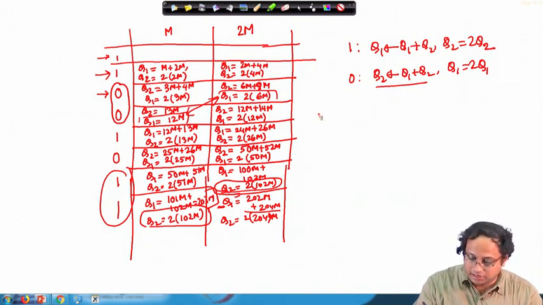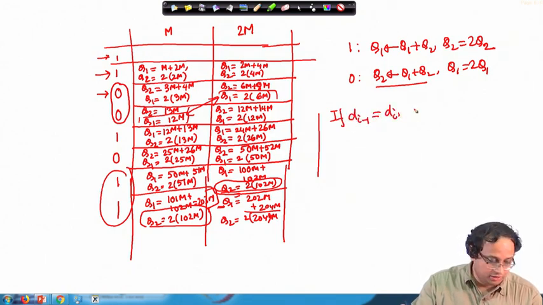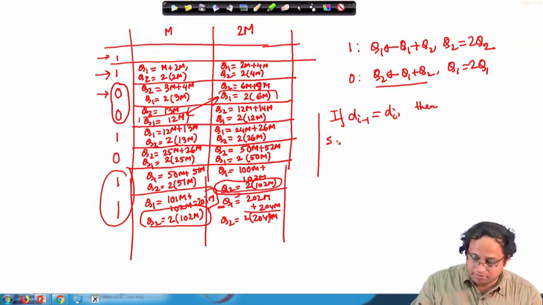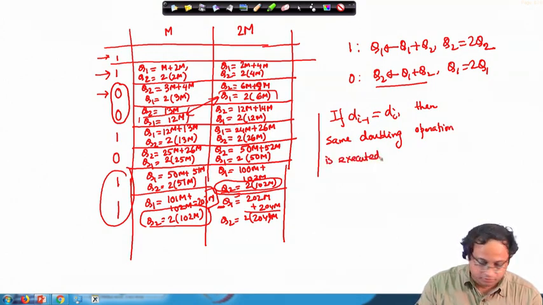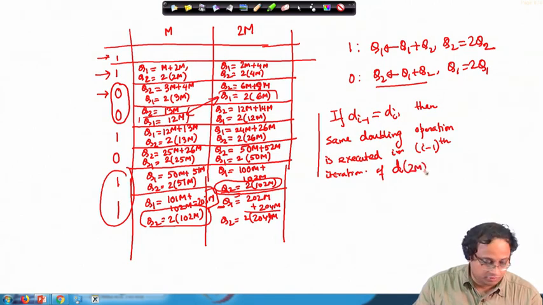So that means we can write from here this fact that if di minus 1 is equal to di, then the same doubling operation is executed in the i minus 1th iteration of d into 2m, okay, and the ith operation of d into m.